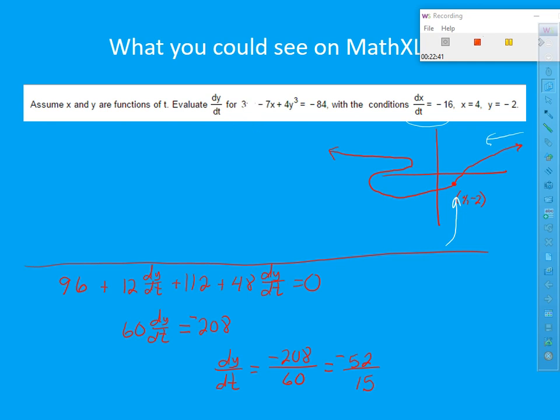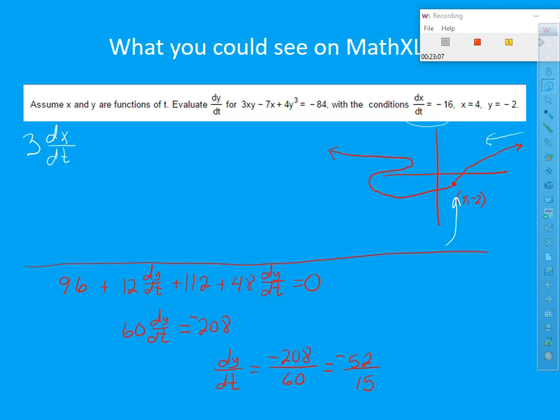See this 3xy? I have to take the derivative of that with respect to time, and I'm going to have to use the product rule on it. So the derivative of 3xy would be the derivative of 3x, which is going to be 3 dx/dt, because we're doing this with respect to time.